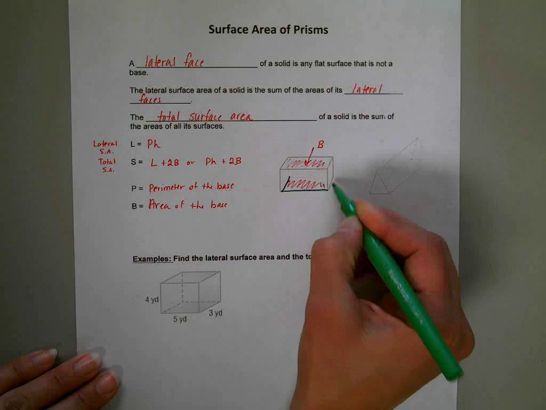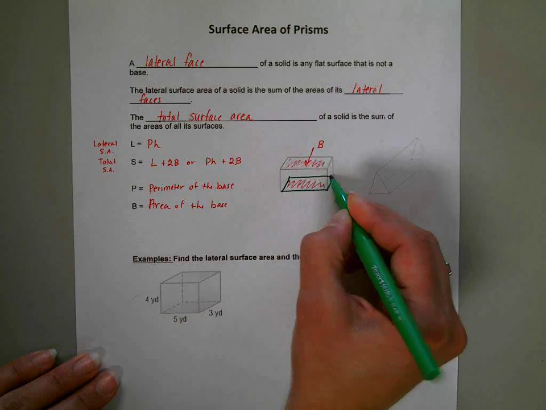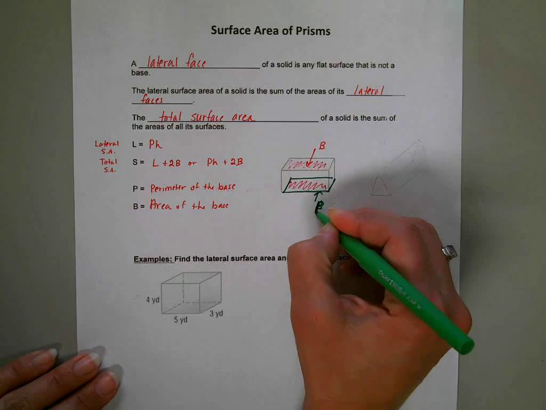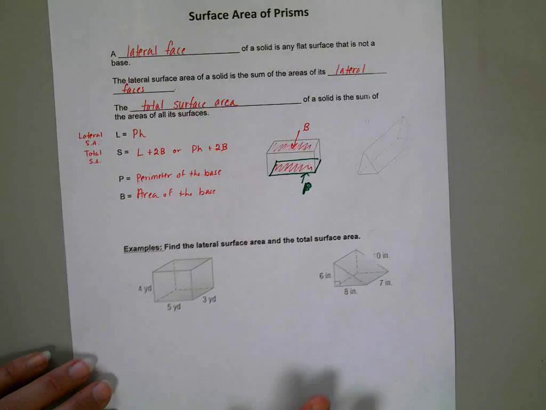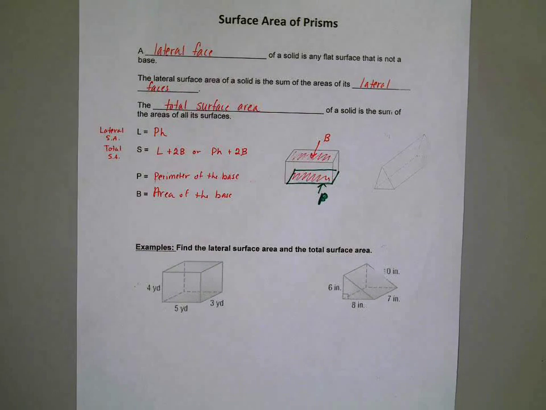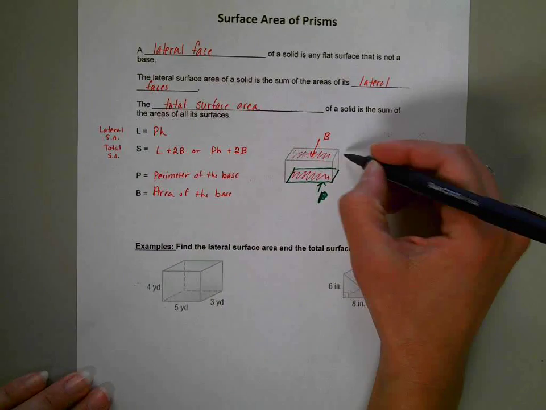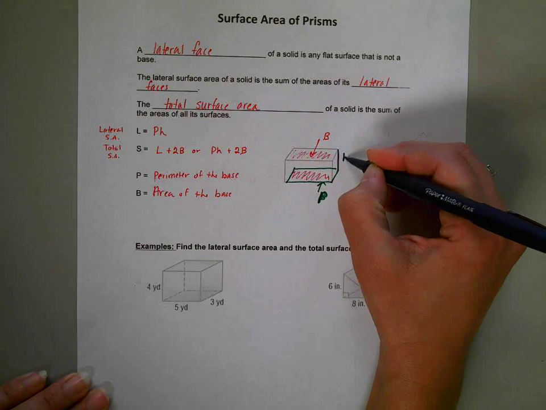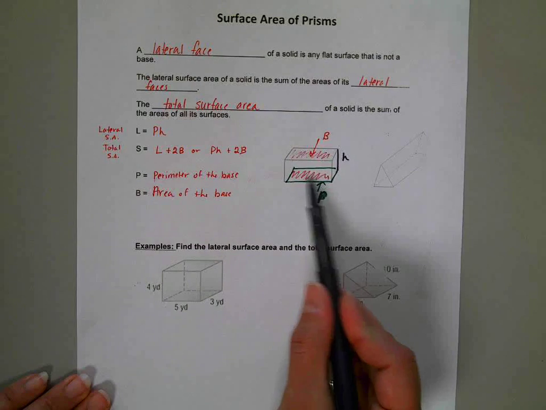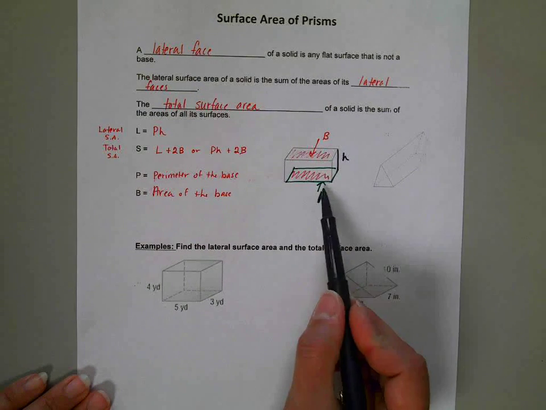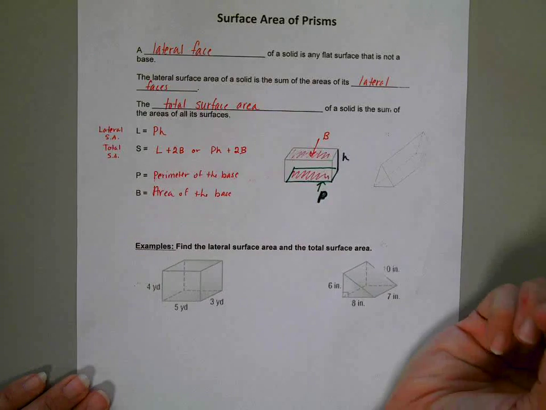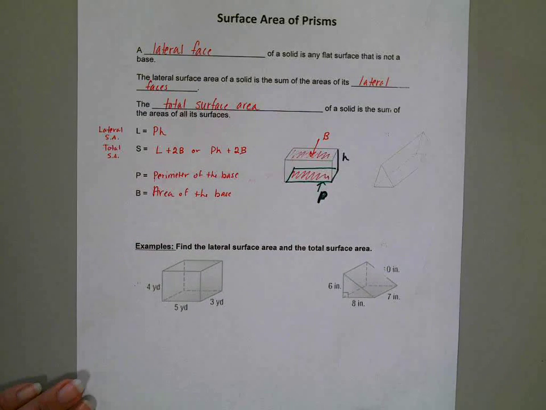It's the perimeter of the base. So this outlined in green is, oops, that should be a P, perimeter. Now H is going to be the height of the prism. So we have the area of the base here, P, the perimeter of the base, and then height.